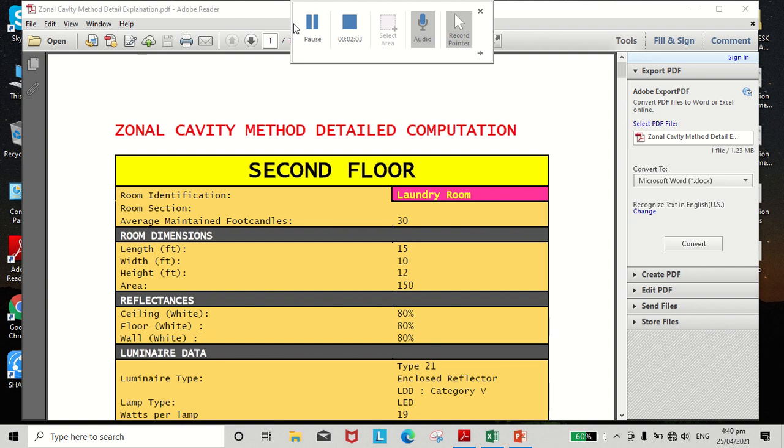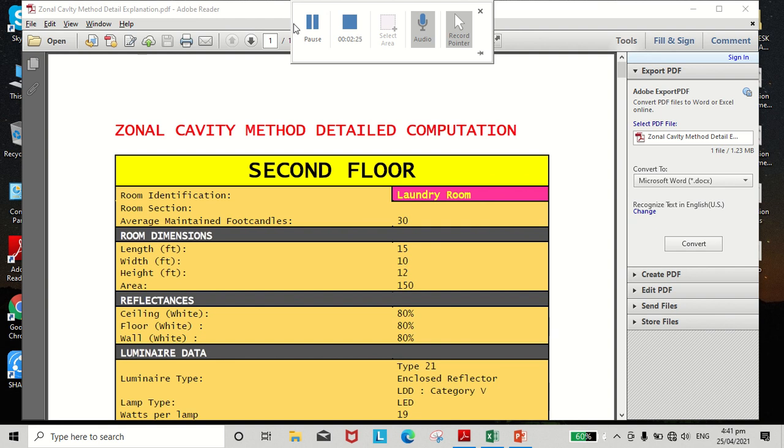Now, in here we will be talking about the zonal calculation. For a zonal calculation, as I have said, we are just required to have an approximation of the number of luminaires to be required in one room.